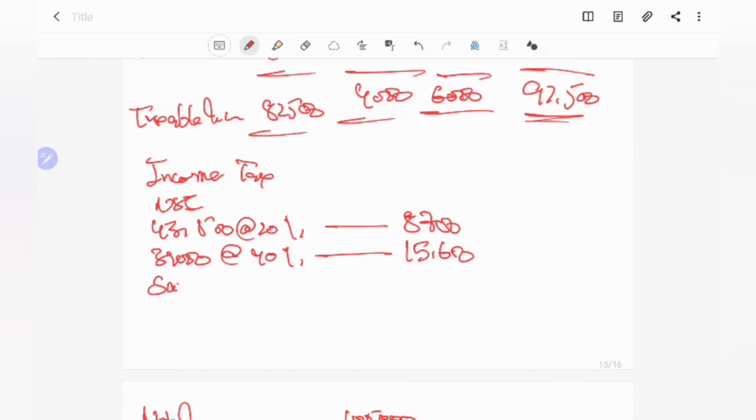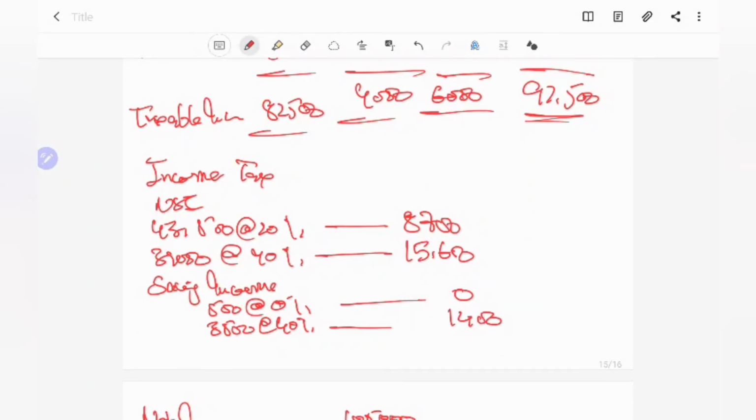Then saving income: 500 at 0%. Then 3,500 at 40%, 1,400.